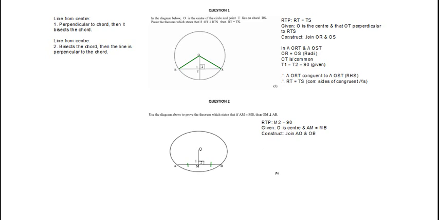Remember, it's important to show the construction. So we are going to join AO and OB. So join AO, and I also join OB. That is now my construction.